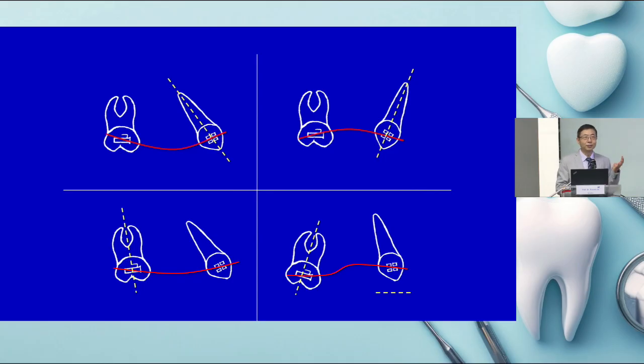One, the angle of the V-bend. Two, the position of the V-bend. Now we know the angle, but not the position, right? Then how do we use V-bend mechanics to analyze the straight wire appliance?